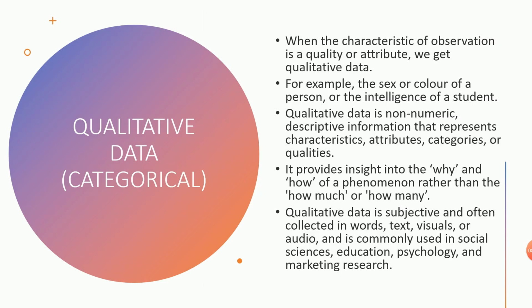Now next is qualitative data. So when a characteristic of observation is a quality rather than quantity or attribute, we get qualitative data. Like I said, the color, sex or intelligence, see here intelligence of the student, all those things are qualitative, which cannot be numbered.